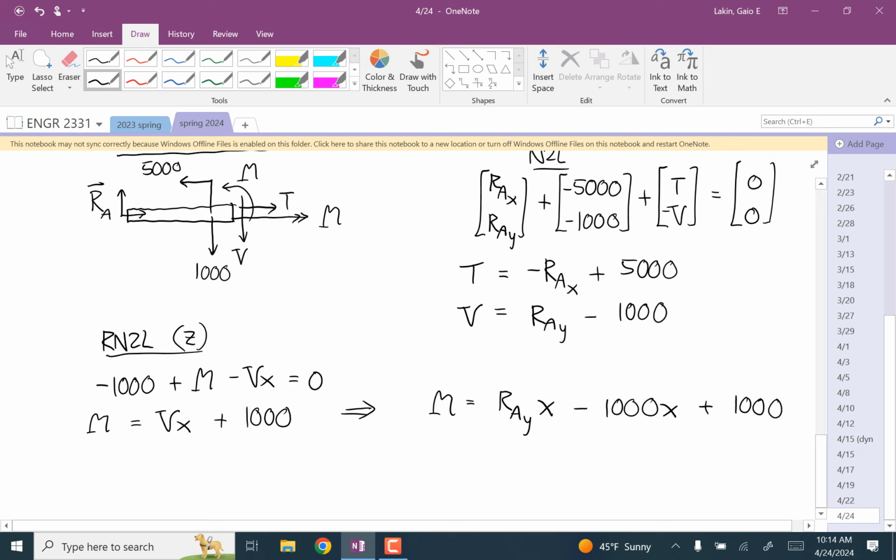Okay, so now we have all our internal loads expressed as functions of the external loads. Why does it help to come up with the internal loads as functions of the external loads? Like where are we going with this? When we calculate the stress tensor. Yeah, but actually we're not there yet.